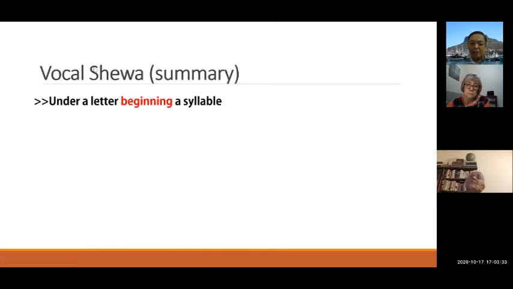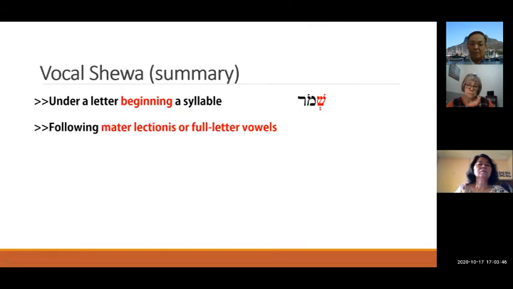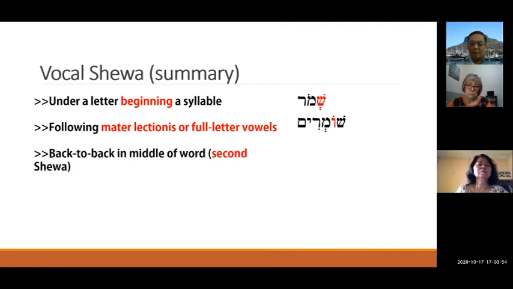So now let's look at the summary. If it is under a letter beginning a syllable, like for example this one, it is a vocal schwa. And if it's following a mater lectionis or full letter vowels, then it is also a vocal schwa. If it's back to back in the middle of the word, the second schwa is usually a vocal schwa, right? Like for example, yish meru.